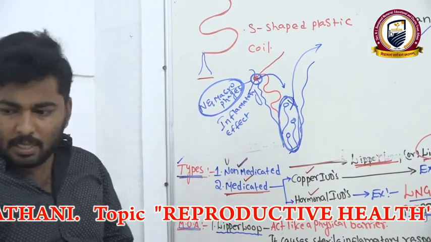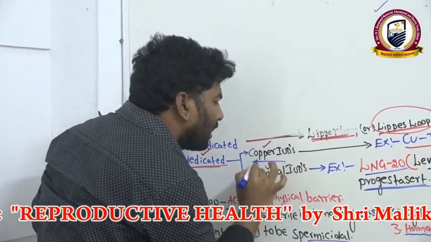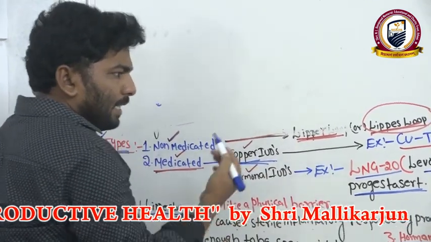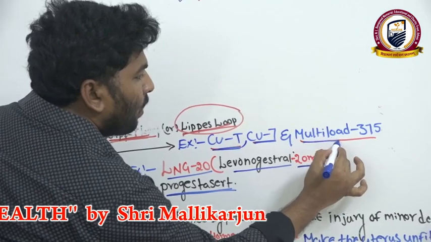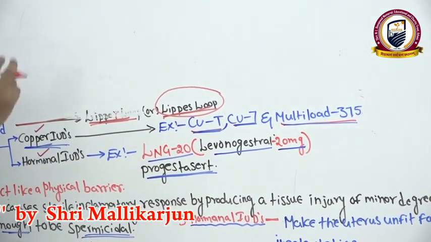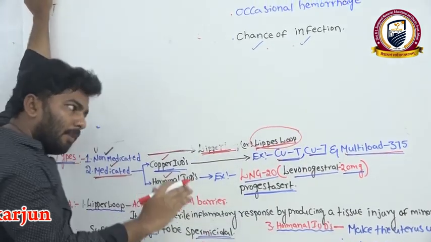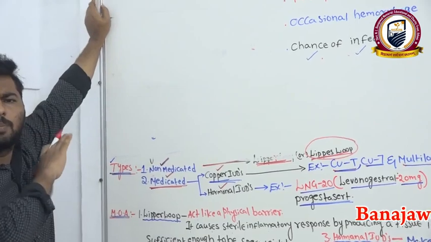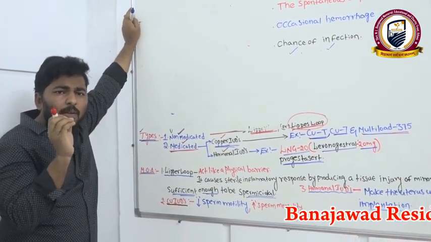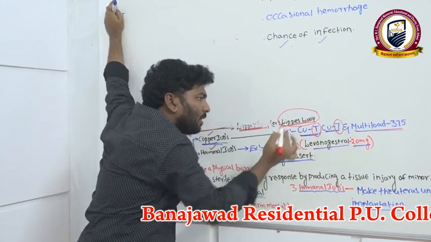Now we'll move to the second type, that is the copper releasing IUDs. All these are examples: copper T, copper 7, multi-load 375. Why are they given different names? For the copper releasing IUDs, the working principle is similar for all; the only difference is the shape.